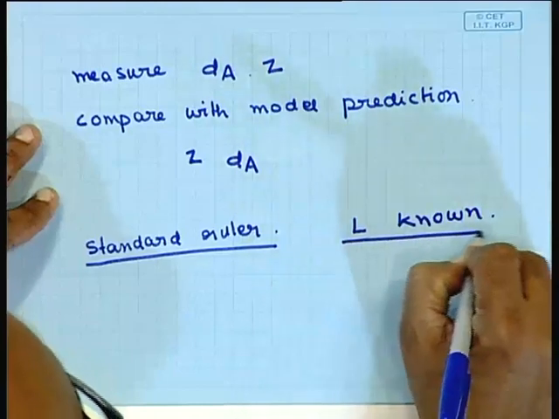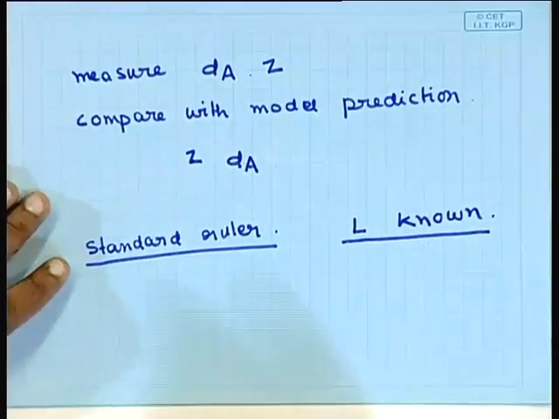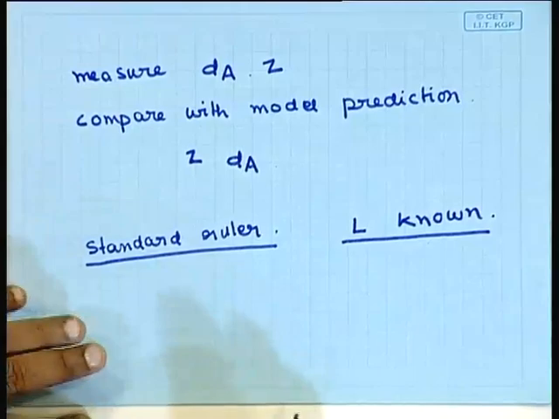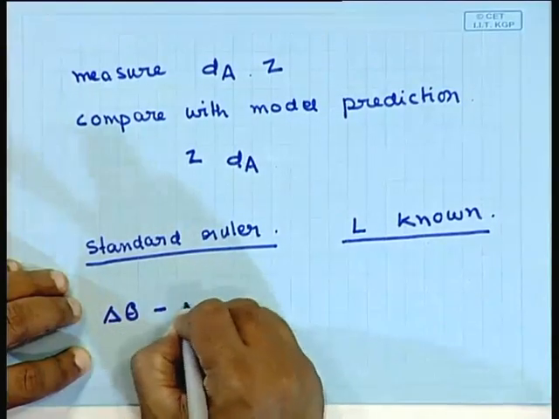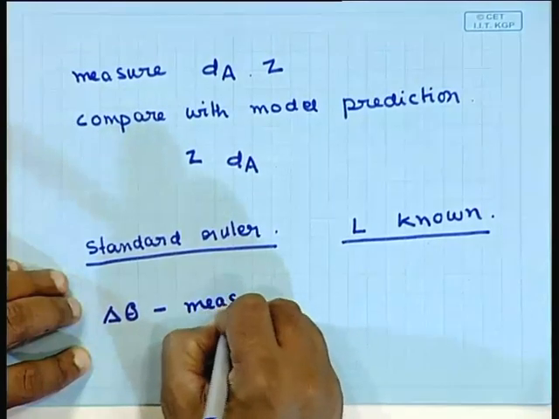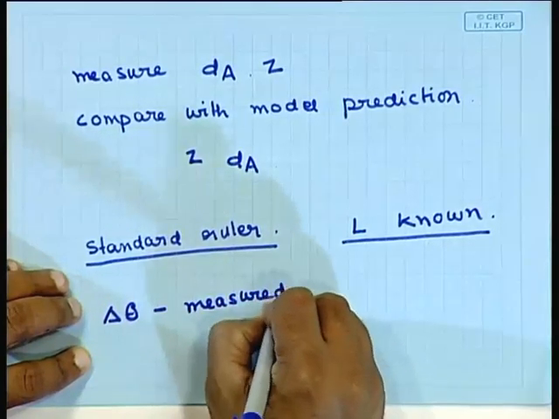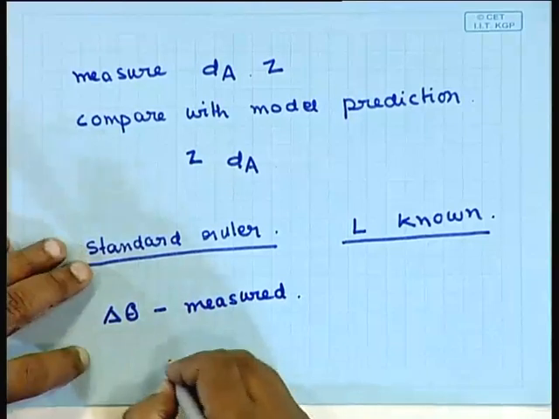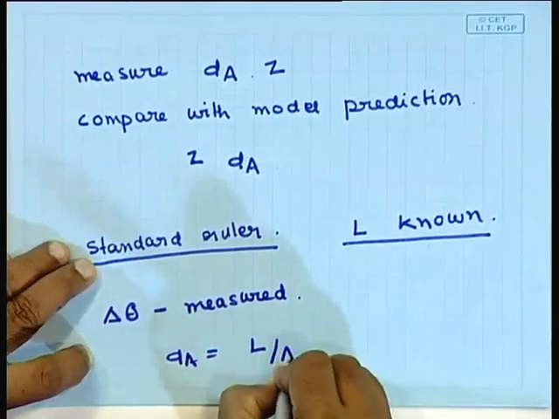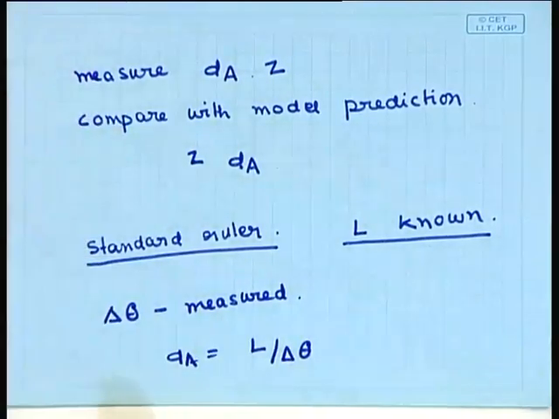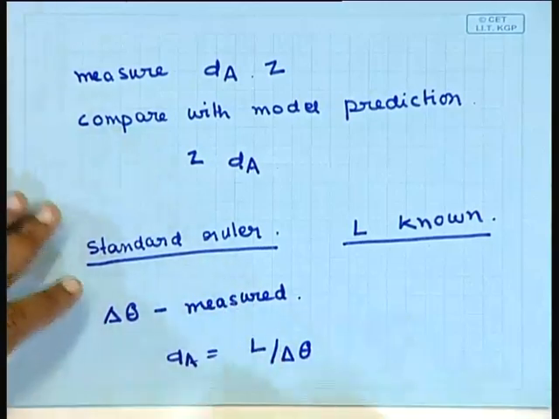If objects only occur with a certain size L, then you can measure the angle delta theta in astronomical observations. So, dA, the angular diameter distance, will be L by delta theta. To do this test with angular diameter distance, you need a standard ruler.